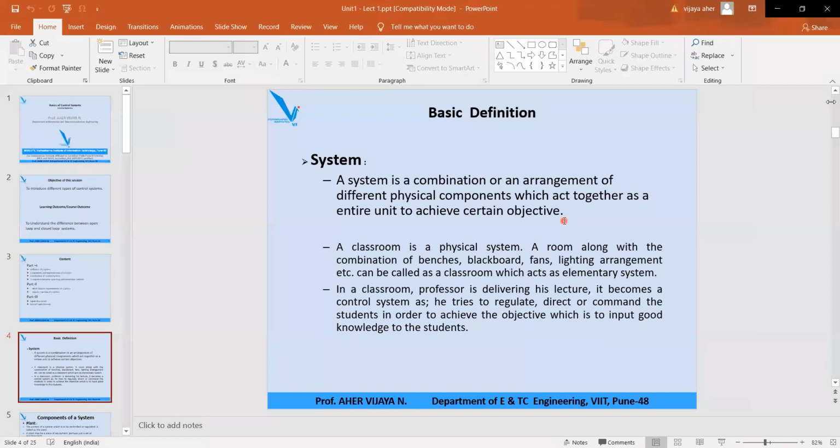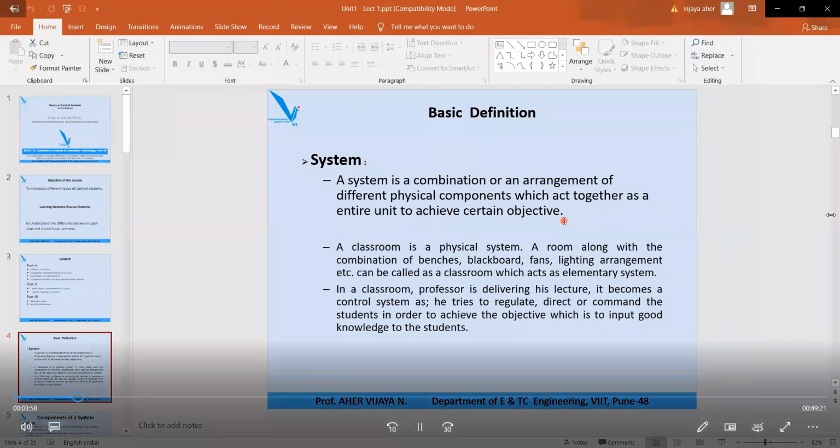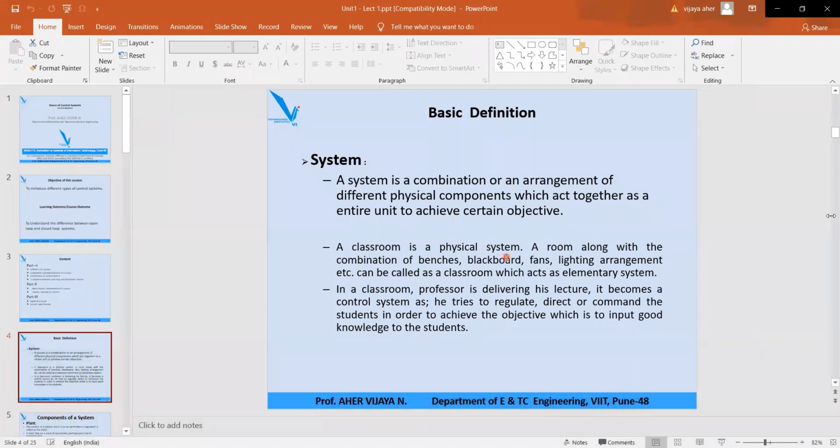For example, while taking lectures in the classroom, I have always given the example of a classroom. Here also I am going to take the same example. So a classroom is a physical system. What are the physical components or elements of that classroom?